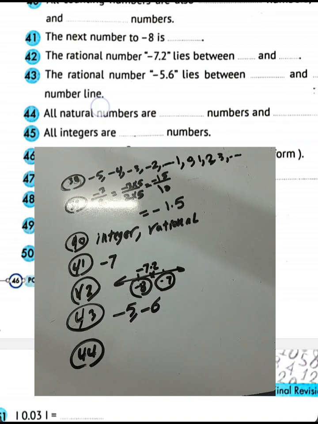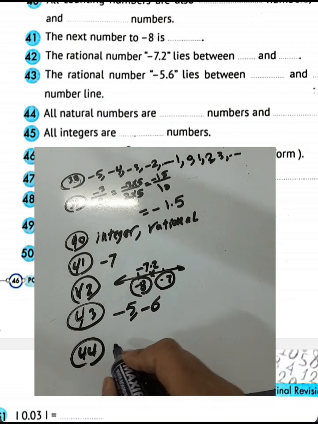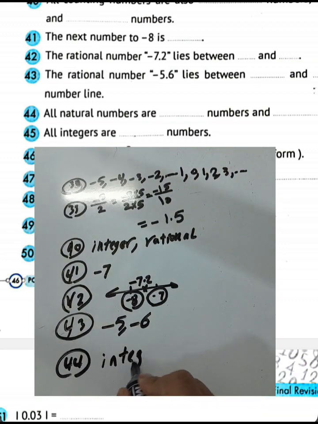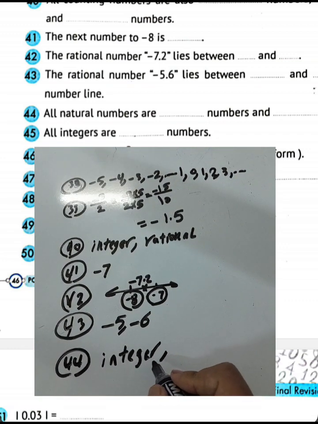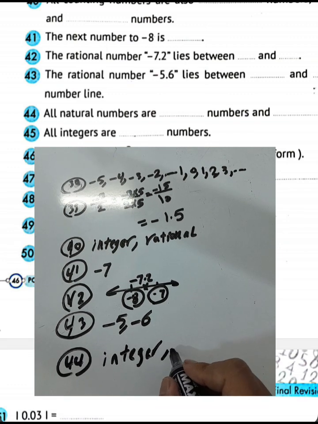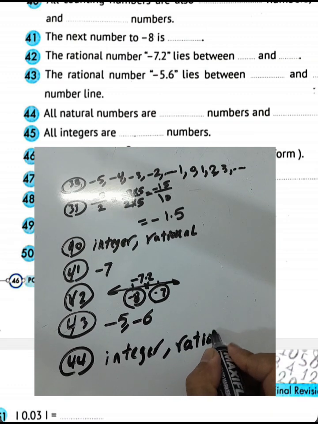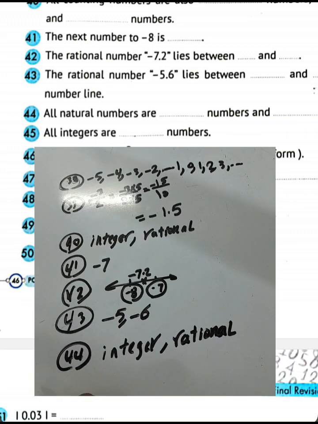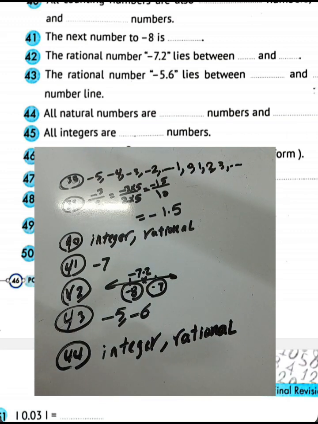Write integer here, and rational number. Okay, again, question 44. All natural numbers are integer numbers and rational numbers.